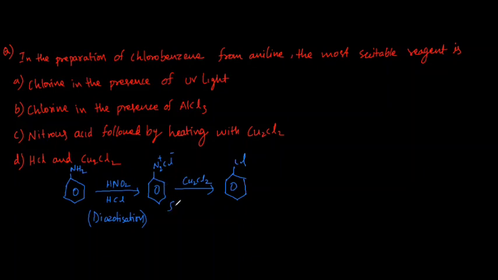This is called Sandmeyer's reaction. In this reaction, the compound formed is chlorobenzene. So in the preparation of chlorobenzene from aniline, the most suitable reagent is nitrous acid followed by heating with cuprous chloride. It is the right answer.